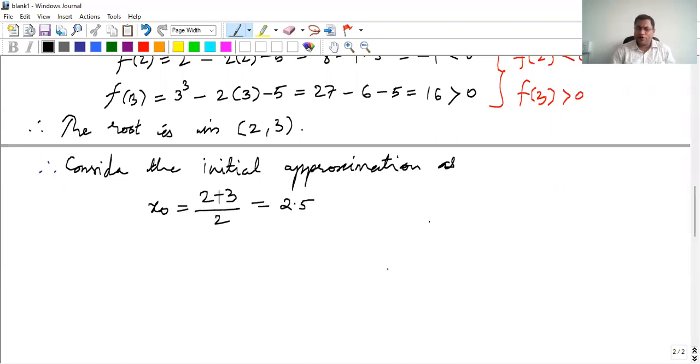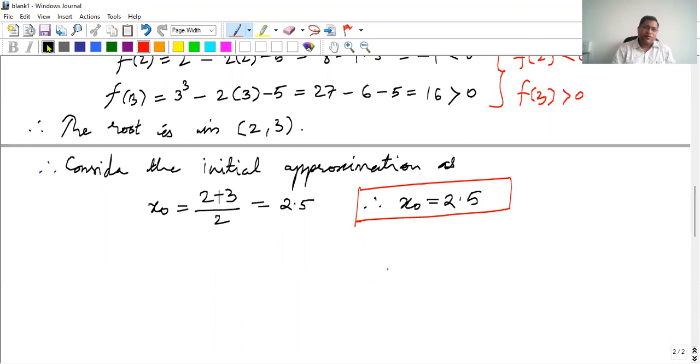So is it 2.5? Yes. So we got x0 is equal to 2.5. This is the initial approximation that we have.